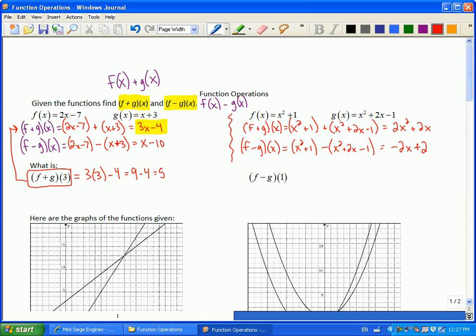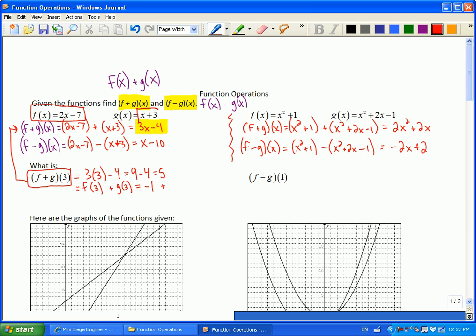It's also possible that you just go back and put them into the functions they came from. So I could also do this if I'm trying to evaluate it. That's like f at 3 plus g at 3. So the value of f at 3, that's up here. It's getting kind of cluttered, but hopefully you can follow me. That'll be 6 minus 7 is negative 1.